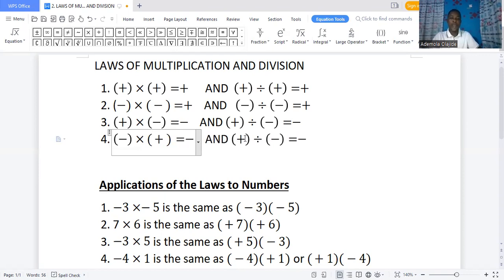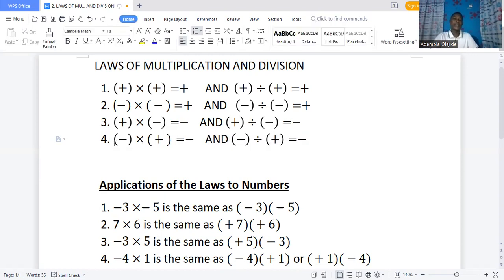And if you also say minus divided by plus, the same way, you will still get minus. Why? If it is different signs that multiply or that divide, the result will be minus.